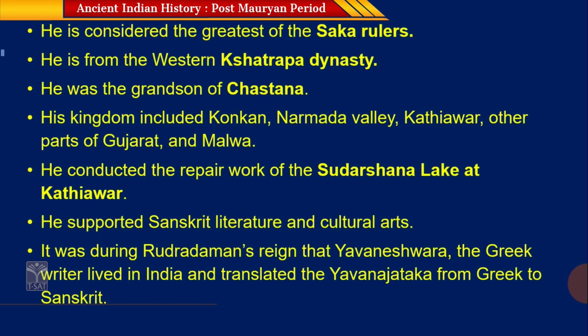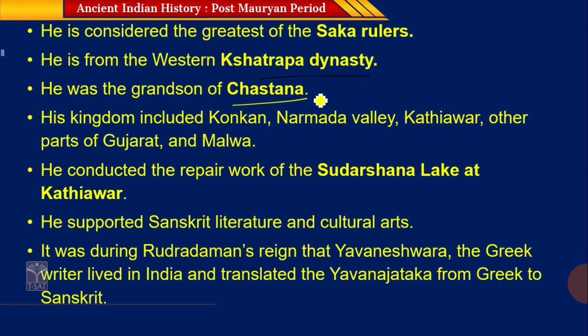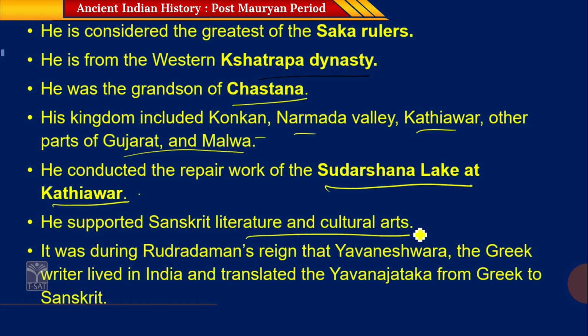Rudradaman is considered the greatest of the Shaka kings. He was from the Western Kshatrapa dynasty, successor of Chastana and his grandson. His kingdom included, as I said, Konkan, Narmada, Kathiawad, and parts of Gujarat and Malwa. He concluded the repairs on the Sudarshana Lake in the Kathiawad region. He supported Sanskrit literature and gave the longest Sanskrit inscription in India, the Junagadh inscription.